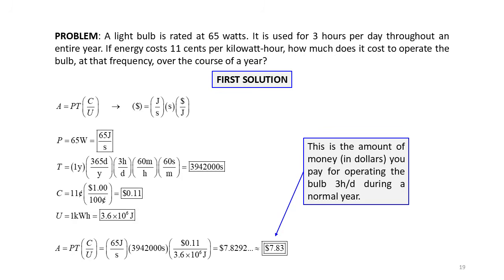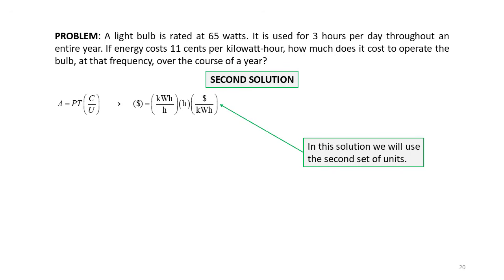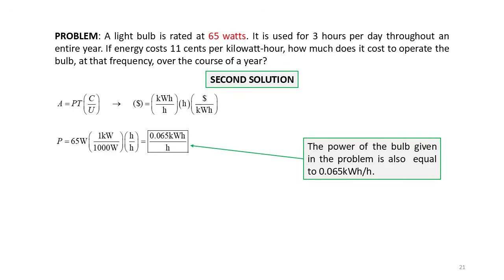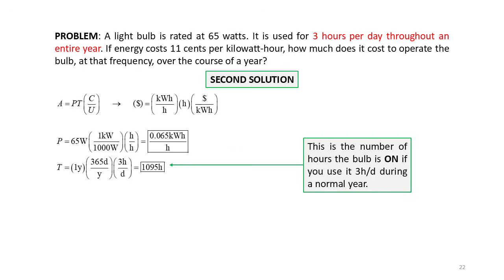Second solution. In this solution, we will use the second set of units. The power of the bulb given in the problem is also equal to 0.065 kilowatt hour per hour. This is the number of hours the bulb is on if you use it 3 hours per day during a normal year.